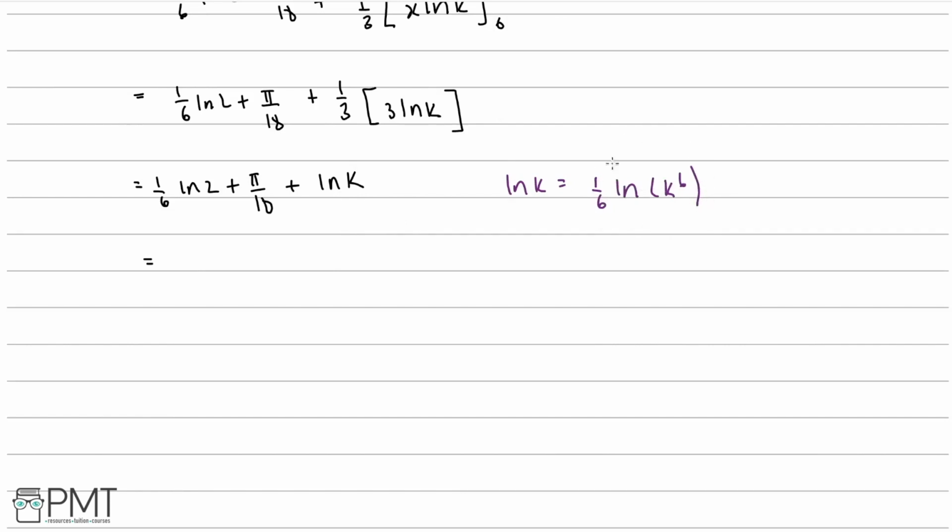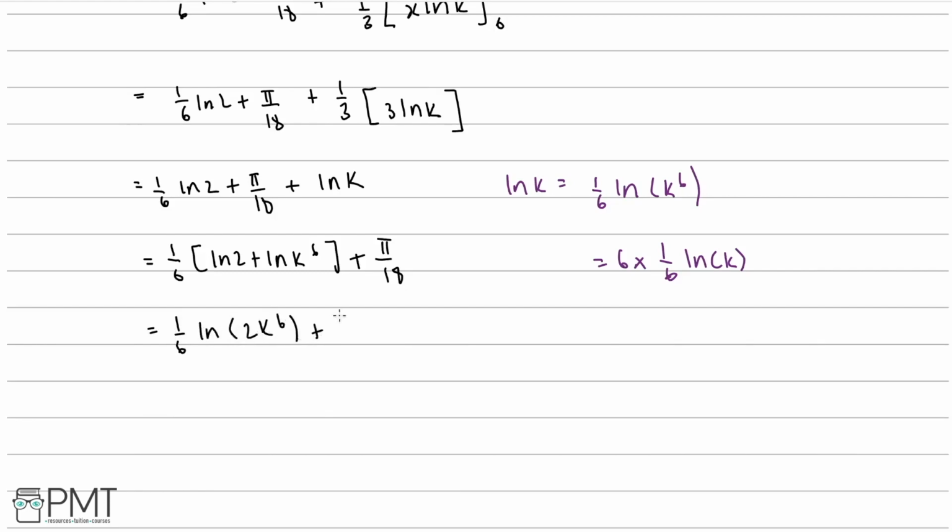As if we recall our laws of logs, this would just be equal to 6 times 1 over 6 ln k. So this is equal to 1 over 6 times ln 2k to the power of 6 plus pi over 18, which is what we wanted to show in our question above. Hence, we have also shown part C.